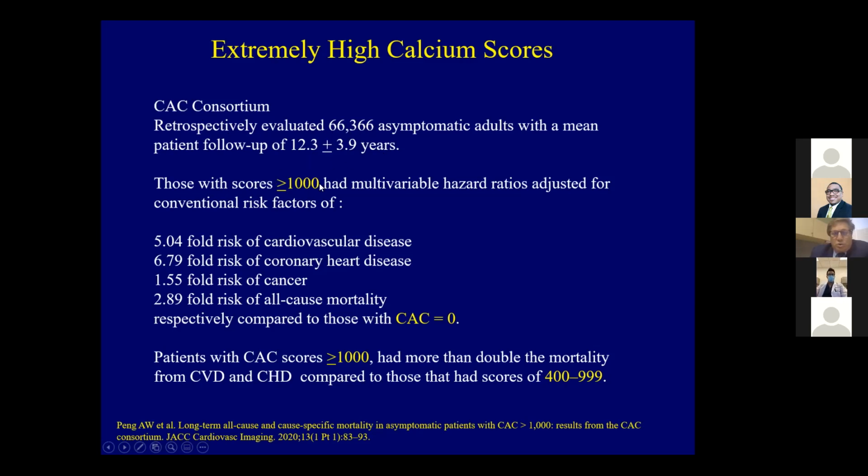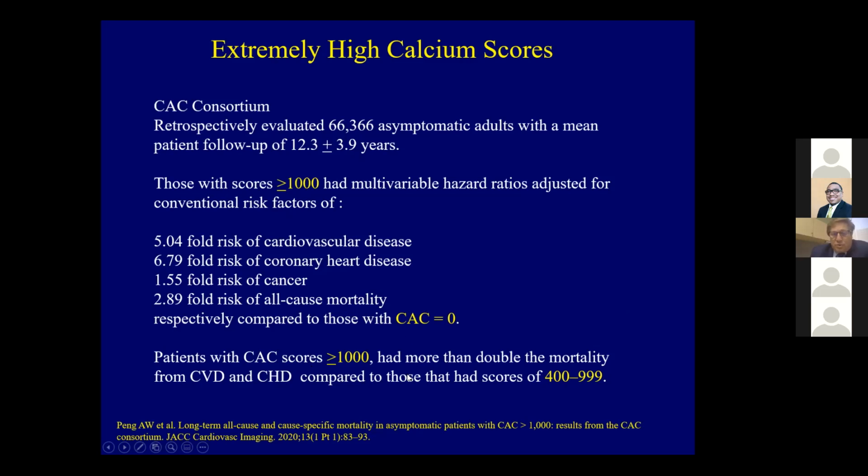In those with a score of greater than 1,000, the multivariable hazards ratio adjusted for conventional risk factors showed a 5-fold increase of cardiovascular disease, almost 7-fold increase of coronary artery disease, and a 3-fold increase of all-cause mortality compared to those with a calcium score of 0. So these two ends of the divide have great prognostic significance.